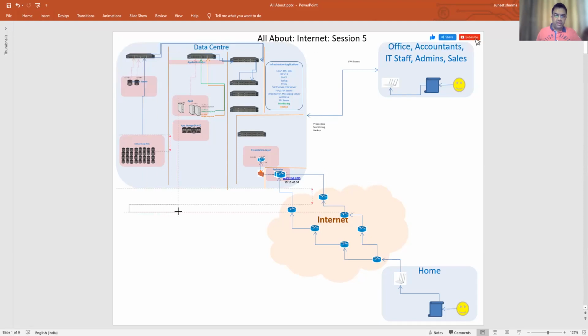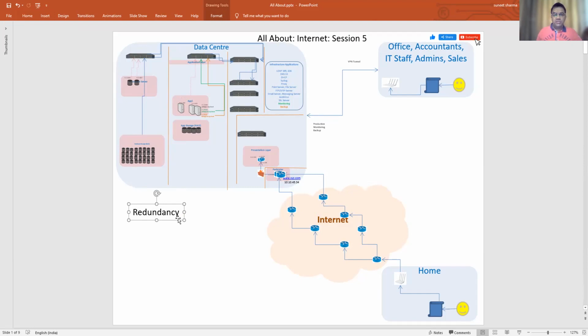I will make a small text box over here and say redundancy. If we want to achieve high availability for our website, then we have to check that each and every component is redundant.